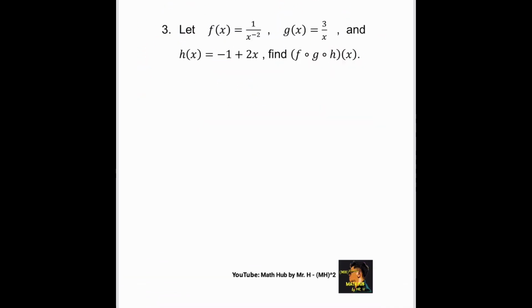All right, so for this question, we are given 3 different functions: f of x, g of x, and h of x. And here, we will be using all the given functions. So you have f of g of h of x.